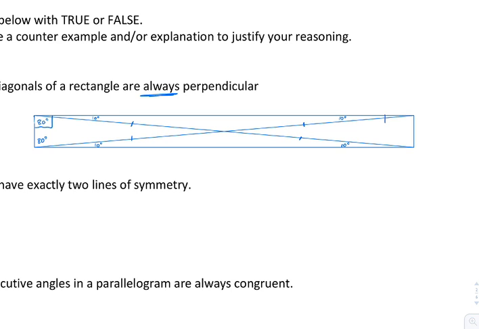A 90-degree angle in the corner means this is 80. This is 80. We could then find the missing angles in the middle because triangles add up to 180. So 80 plus 80 is 160, so the leftover is 20 degrees. 10 plus 10 is 20, so the leftover is 160 degrees, 160 and 20. So there's an example of a rectangle where the diagonals are not perpendicular.